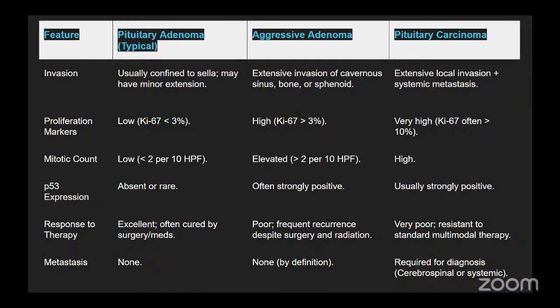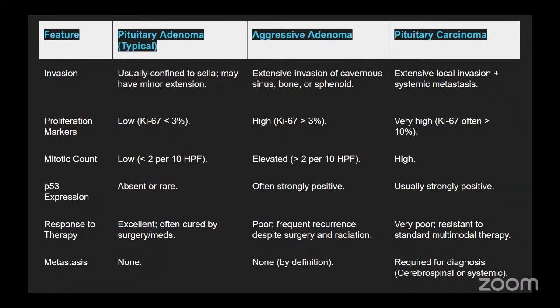With carcinomas, you typically have very high Ki-67, often more than 10%, a high mitotic count, and P53 is strongly positive. Their response to surgery, radiation and medical management is very, very poor. But you need mets for diagnosing them as carcinoma instead of aggressive adenoma.